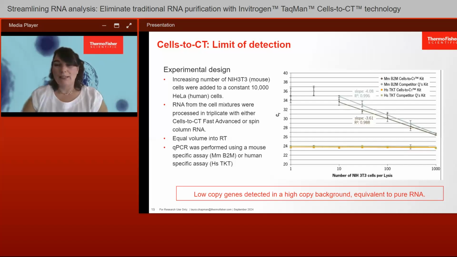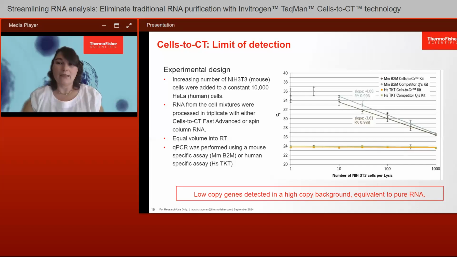The data shows that the orange and green lines that are going across are the human-specific TKT for both purified RNA and cells-to-Ct lysates, and we get equivalent Cts across all the cellular input for both methods. So the high expressing gene is detected equivalently across.